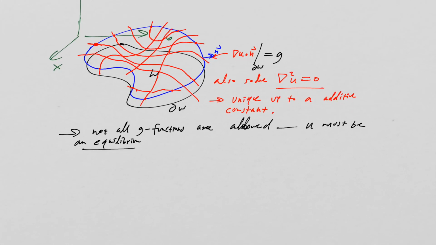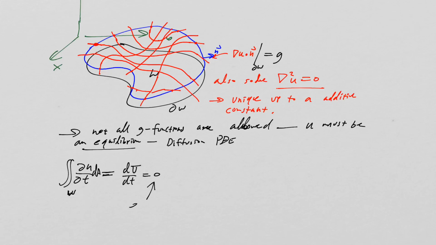So what I mean by that is, let's go back to the heat or the diffusion PDE. We have that PDE, and we integrate over W dA. And we know that that means that du dt is equal to 0, and that's the equilibrium. But we also know that has to be equal to that flux integral at the boundary.